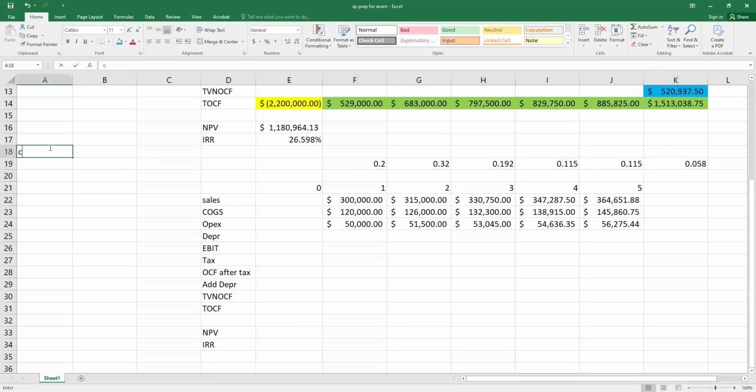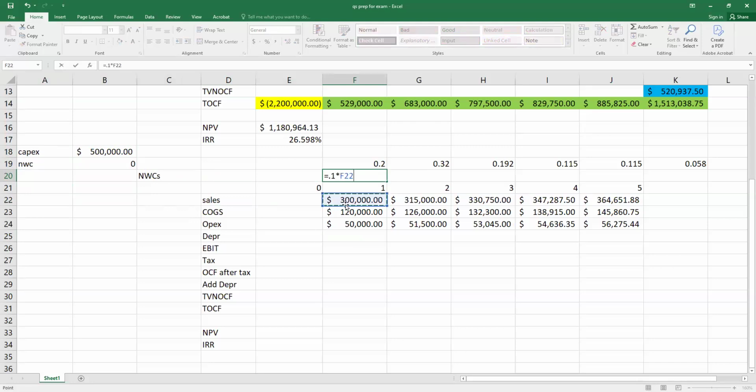And my capex and net working capital. My capex is 500,000. My net working capital is 0 in the initial year. Okay. And I know that net working capital for each year, at the beginning of each year, is 10% of the revenue. Not the next one, but the current.